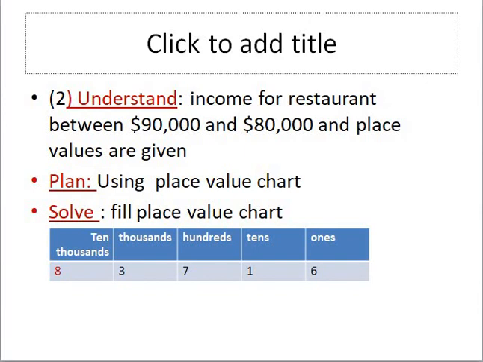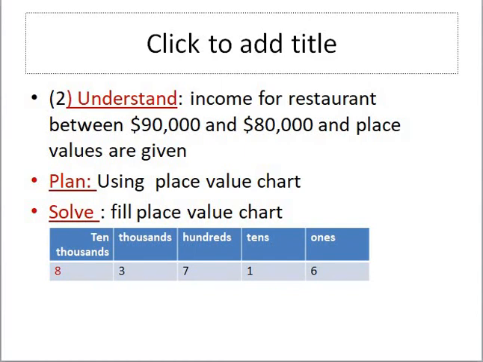Then they continue giving us information like what to put in the thousands place, in the hundreds place. All of these are information. I understand they want us to find how much money the restaurant made, the incomes for this restaurant.